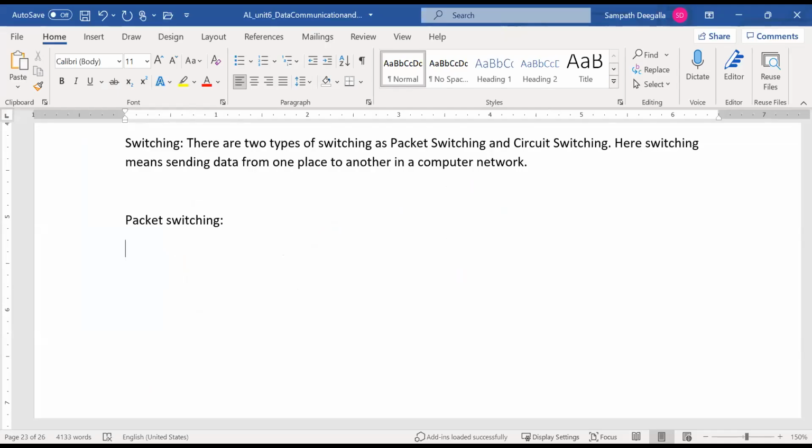Basically, information is put into packets, and the packets go through different networks and at the end reach the required place. Okay, so that's what we call packet switching.